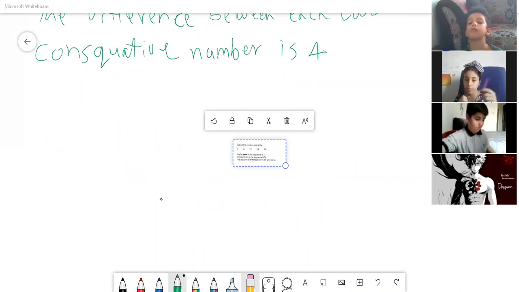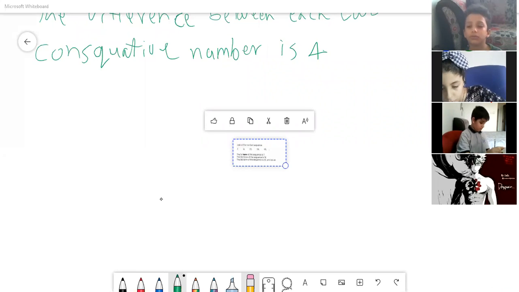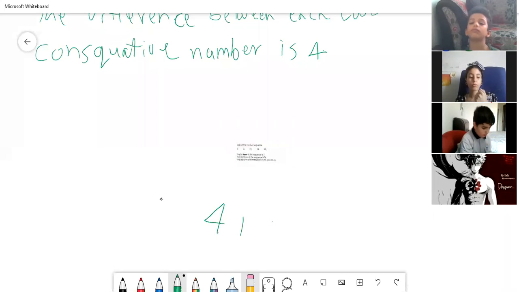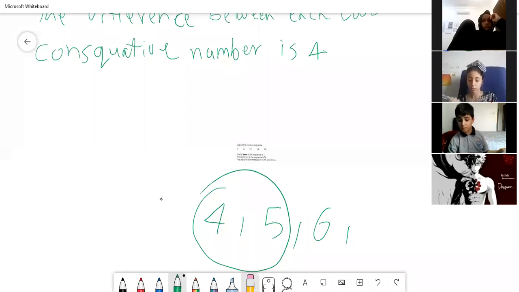Okay, I'm going to explain again in the next example. What I mean by consecutive numbers is like 4, 5, 6. This pair is consecutive. Consecutive means one right after one. Okay, thank you.